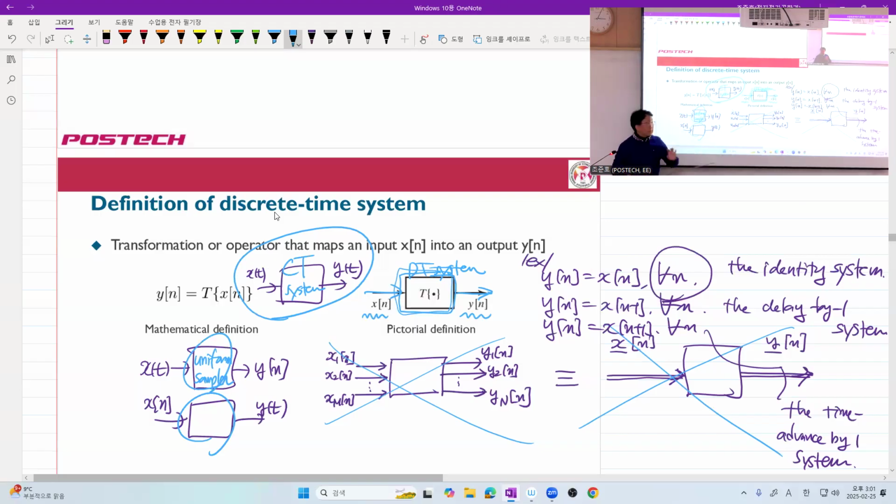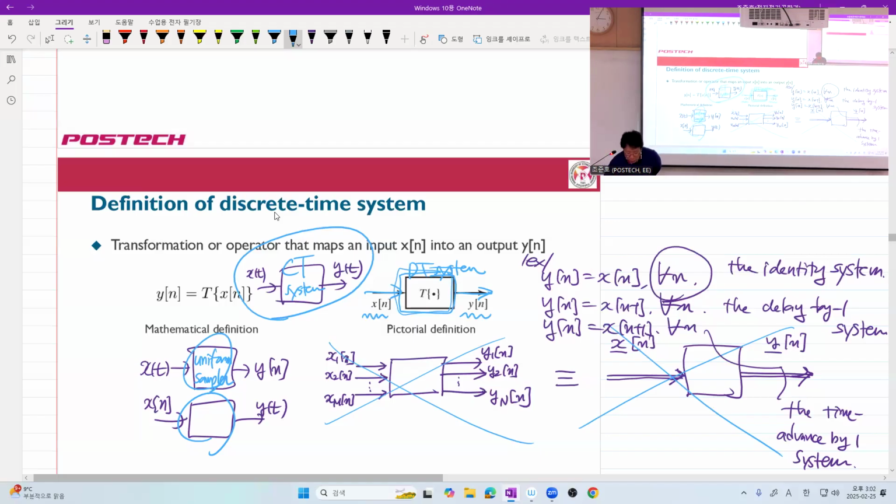I'm not claiming that every system that has continuous time in and discrete time out is a uniform sampler. I'm not claiming, okay? Among many systems, in this course, we study the uniform sampler, that has continuous time signal in and discrete time signal out.